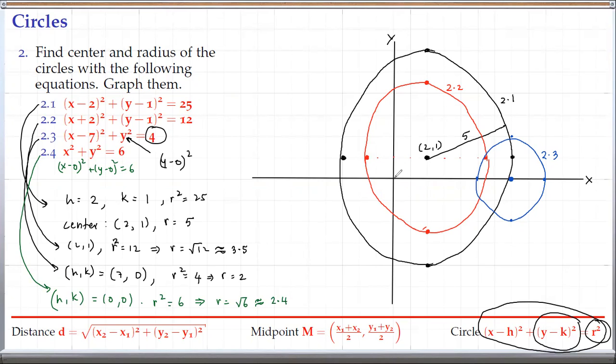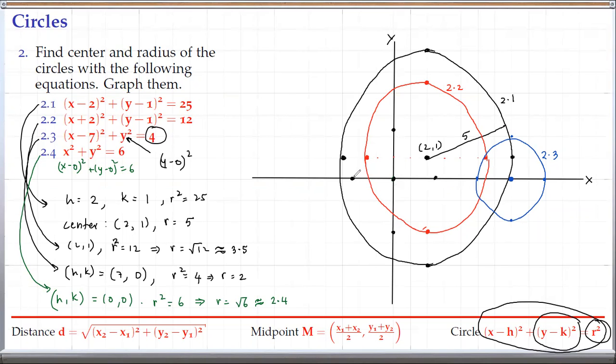We have center 0, 0, which is right here. And the radius 2.4. So we can go up to here on this side, up to here on this side, here on this side, and over here on this side.